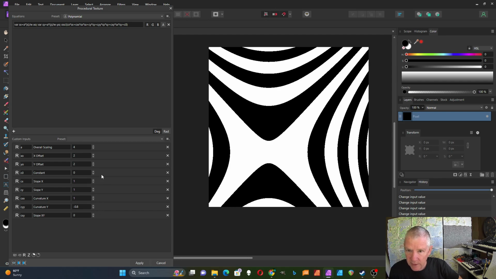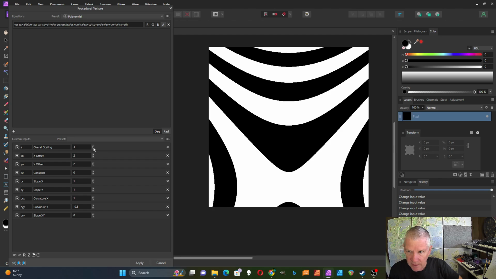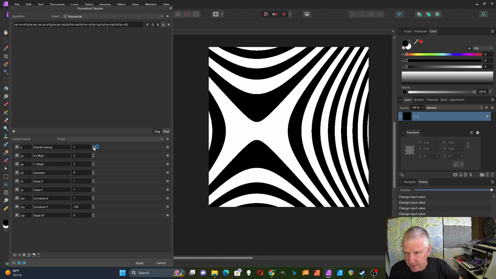So I can create a pretty wide variety of shapes with this, but one of the things that I finally realized was I'm putting in basically a three-dimensional surface, and then these are the contour lines, which explains why it seems so complicated, because it is really pretty complicated.